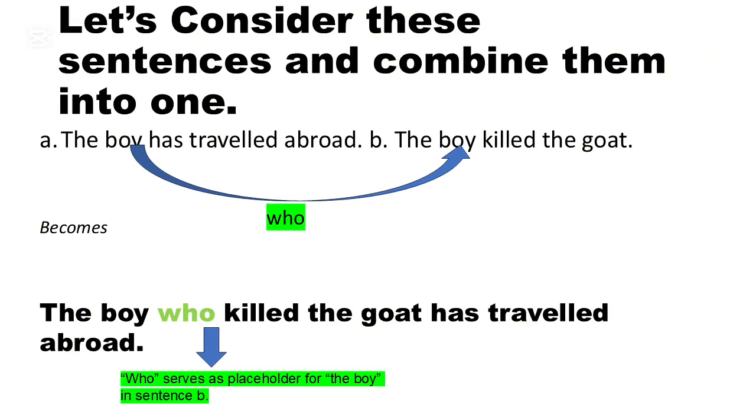Remember, the choice of the relative pronoun will be determined by the type of noun that comes before the relative pronoun.